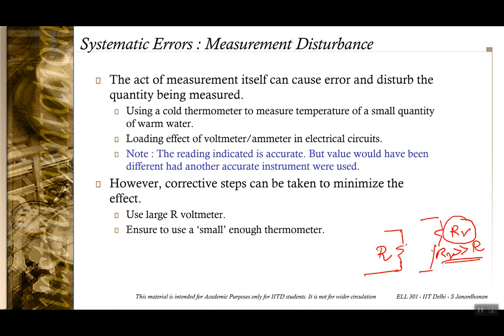In the thermometer case, I should use a thermometer which is small enough that the heat capacity of its bulb is not going to affect the overall temperature of the liquid whose temperature is being measured.